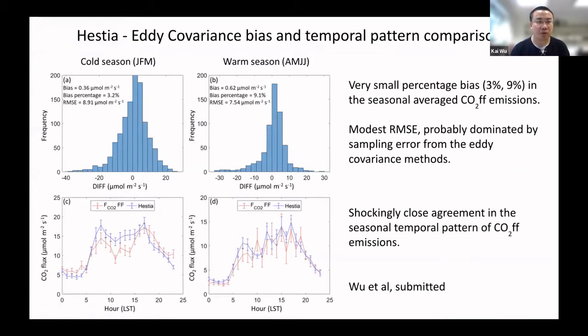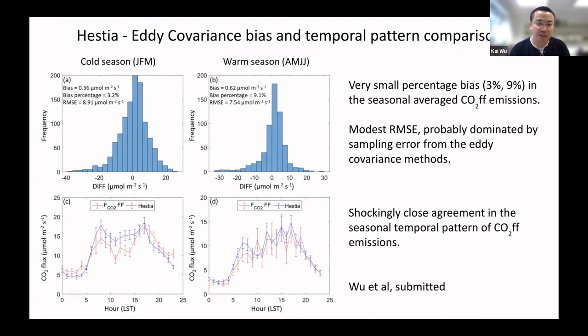Okay, here is the results. The top 2 panels show the histogram of flux difference between the Hestia and the partitioned fossil fuel emissions in the cold season and the warm season. And we can see the bias in Hestia is quite small, and the bias percentage is 3% in the cold season and 9% in the warm season.